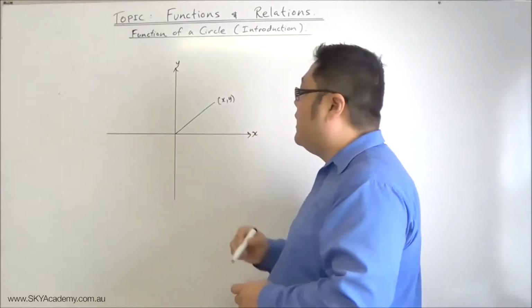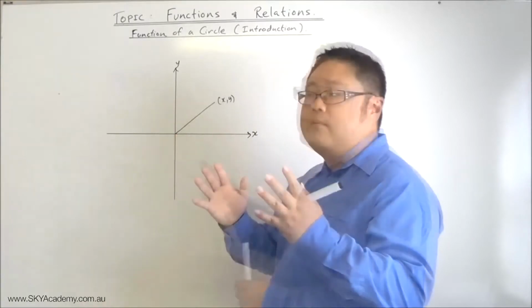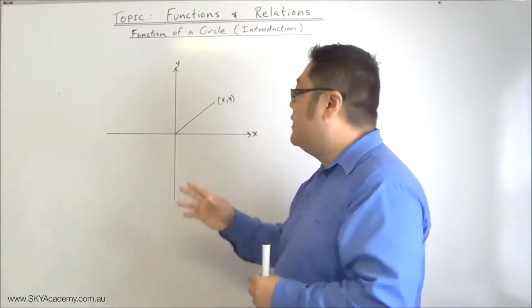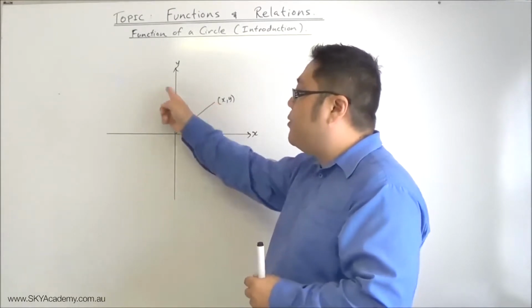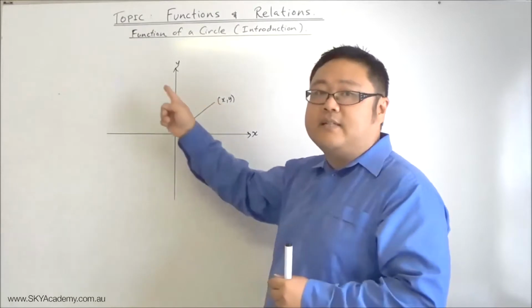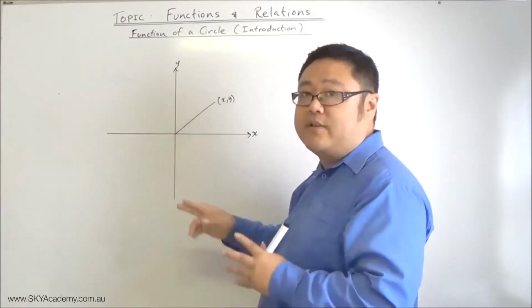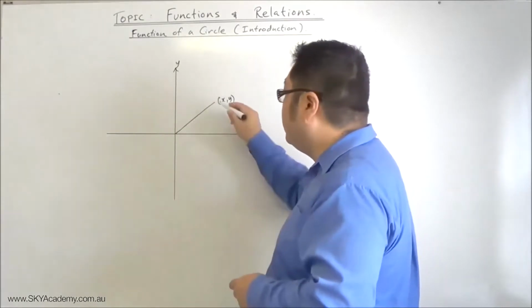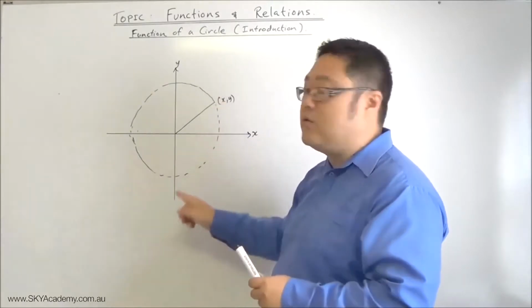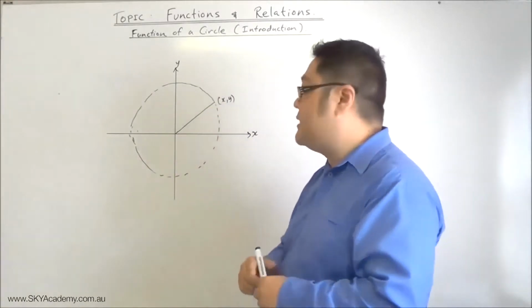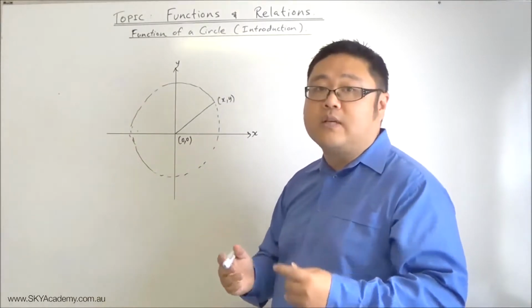What makes a circle so unique is that every point along the circle is equidistant, in other words the same distance away, from the center of the circle. And we can exploit this to work out what the rule is going to be.